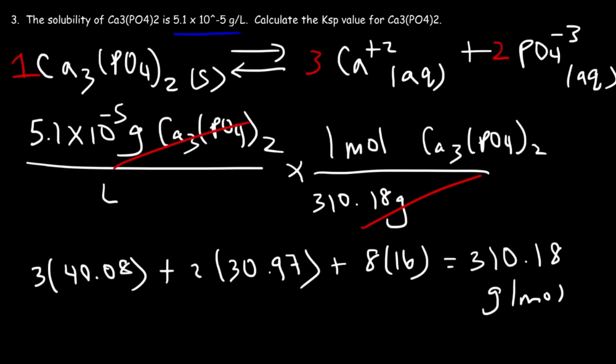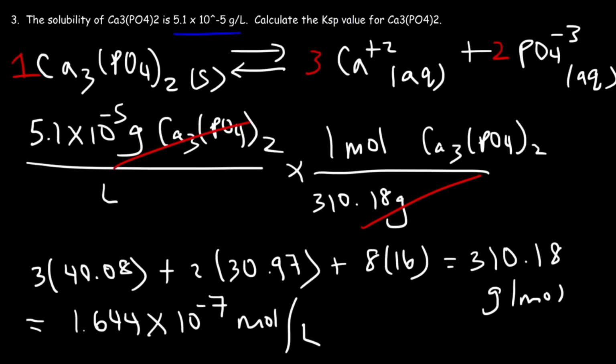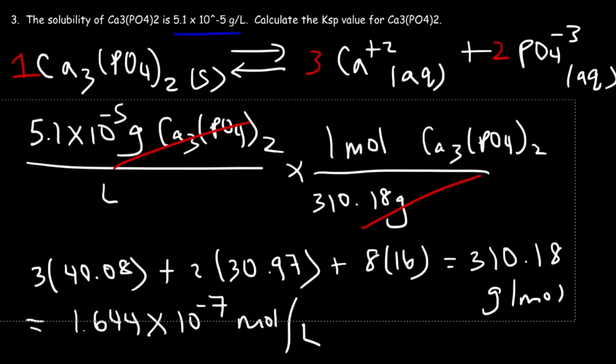And so it's going to be 5.1 times 10 to the minus 5 divided by the molar mass, which is 310.18. And so this is going to be 1.644 times 10 to the negative 7 moles per liter. So that's the molar solubility. That's the first thing we need to do before we calculate the KSP.